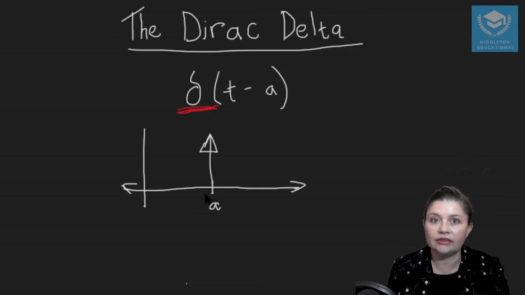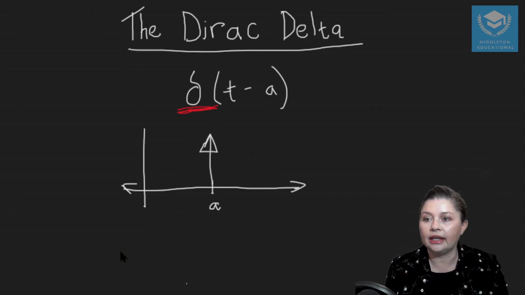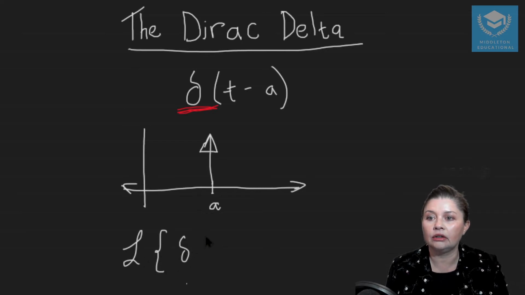So it's not like the Heaviside step function that happens over an interval. It's at one particular instant. We say that the Laplace transform of a Dirac delta is going to be e to the power minus as.